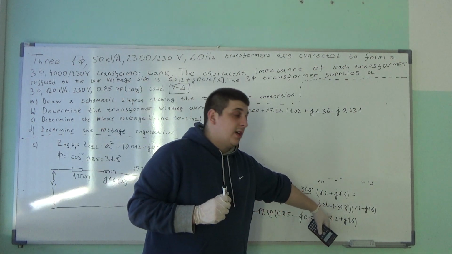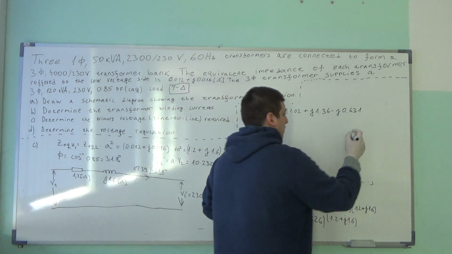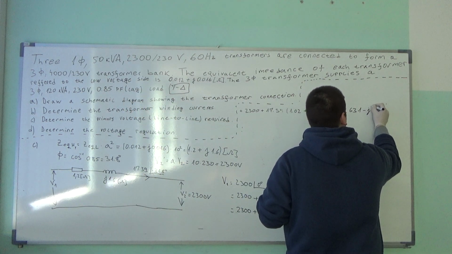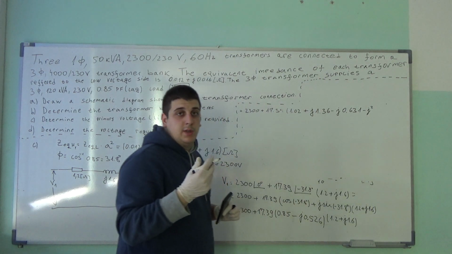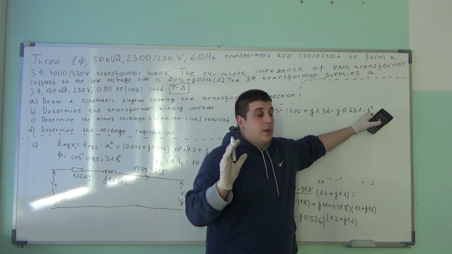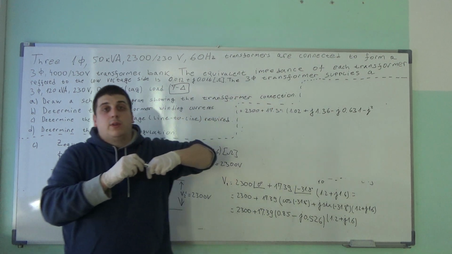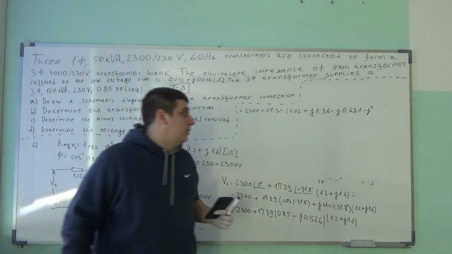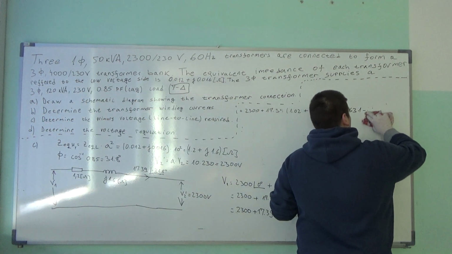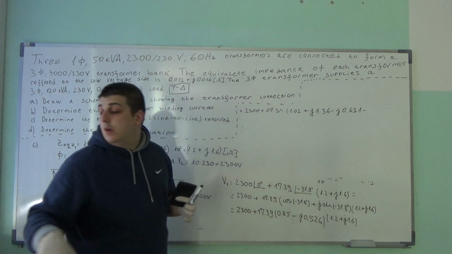Minus j times j is minus j squared, and j squared is equal to minus 1. And minus 1 times minus, you get plus. I think you know that from mathematics. So this here will be a real number.